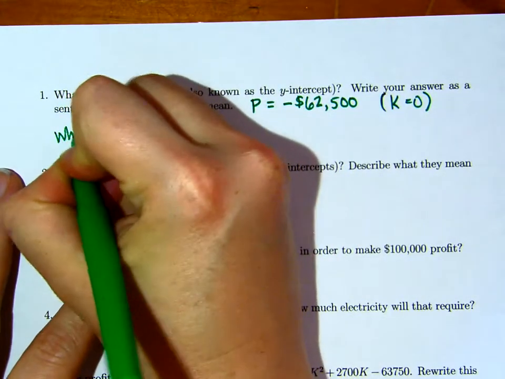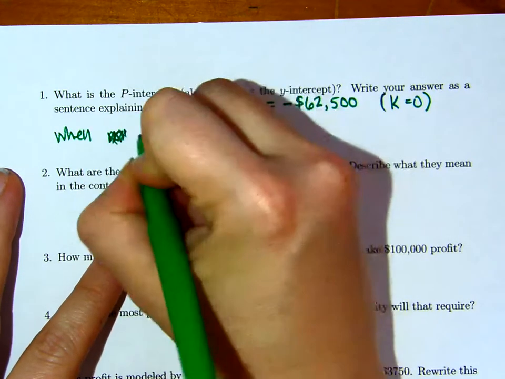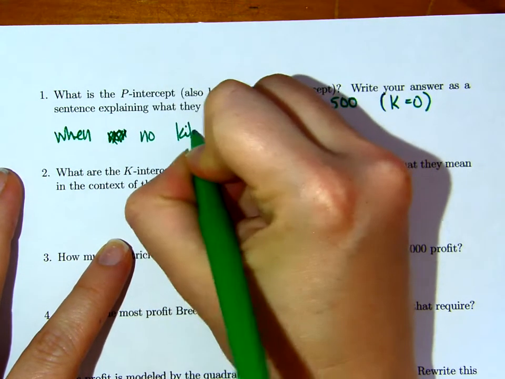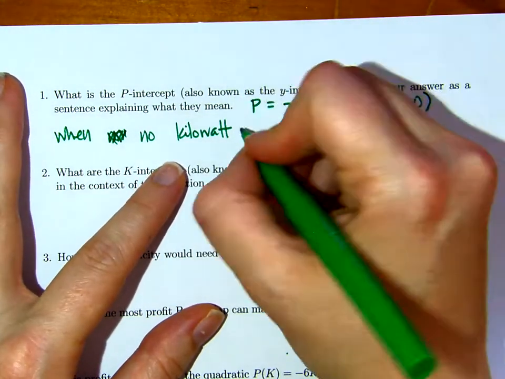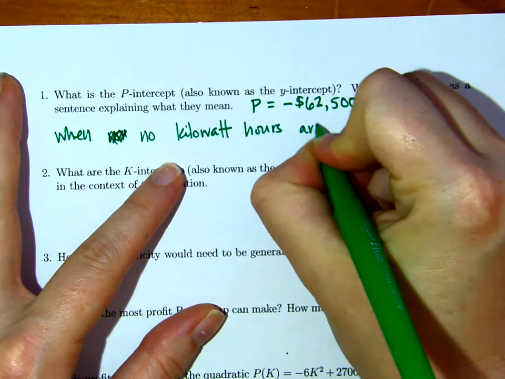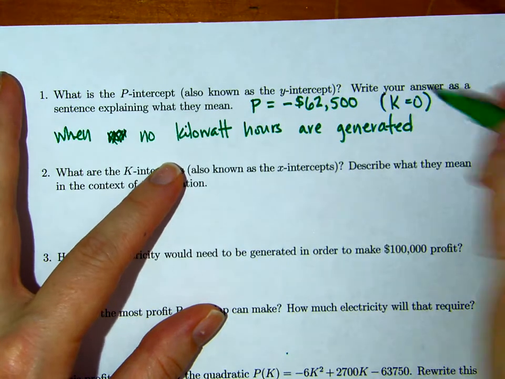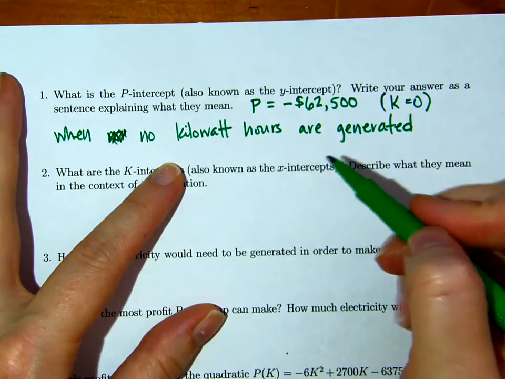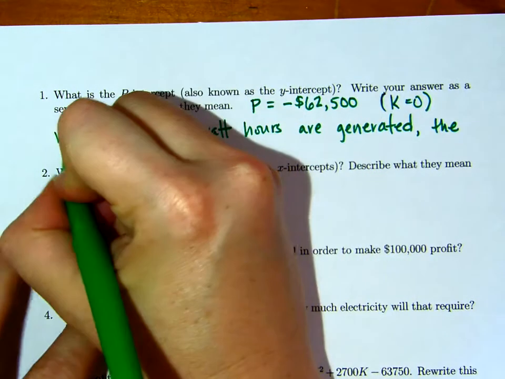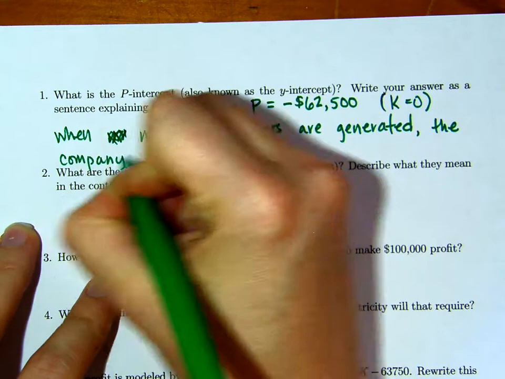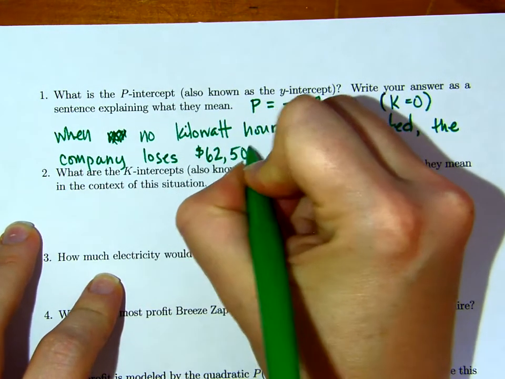So when no, I forgot how to spell no for a second there, when no kilowatt hours are generated, so all of the wind turbines shut off, no kilowatt hours are generated, the company loses $62,500.